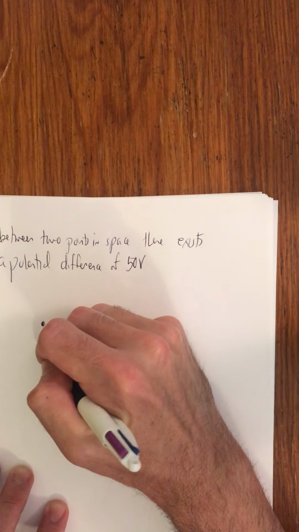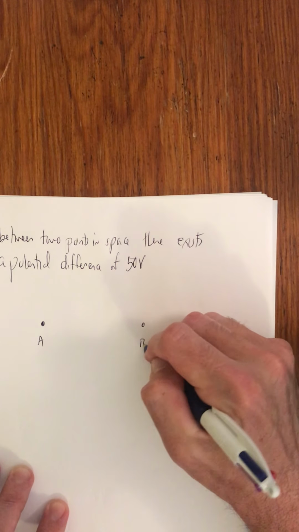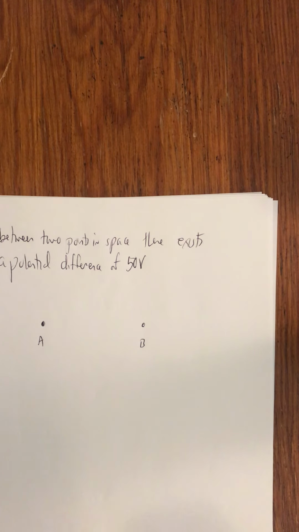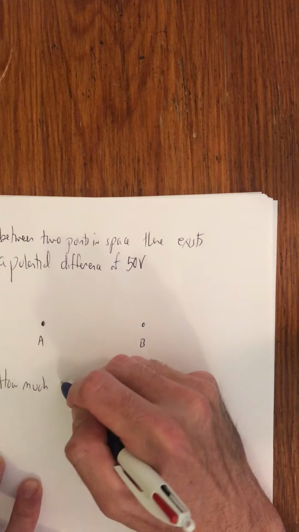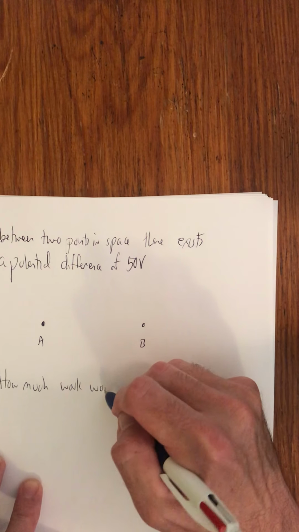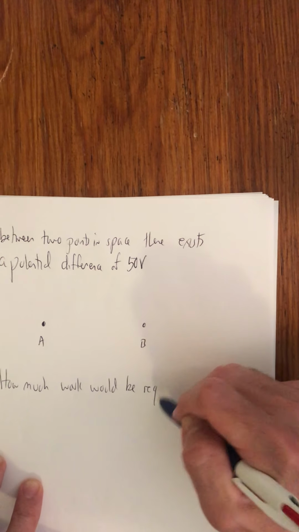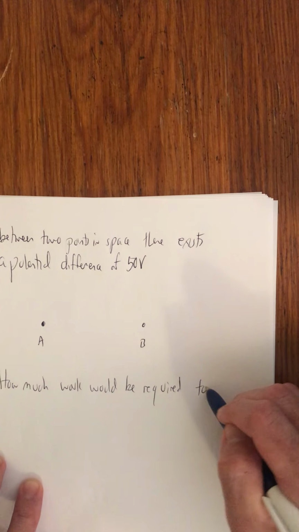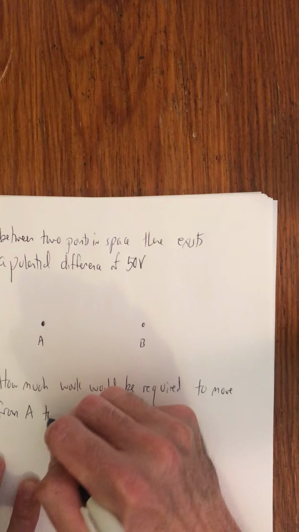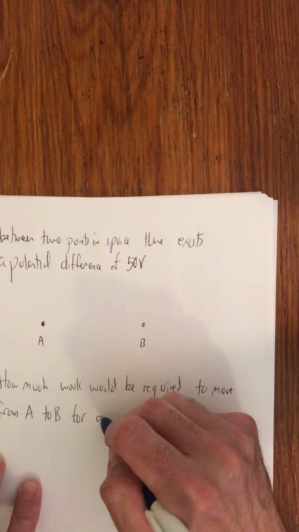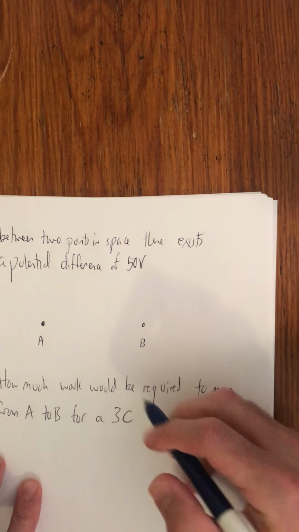So between, say, position A and position B, there's a potential difference of 50 volts. How much work would be required to move from A to B for a 3 coulomb charge?